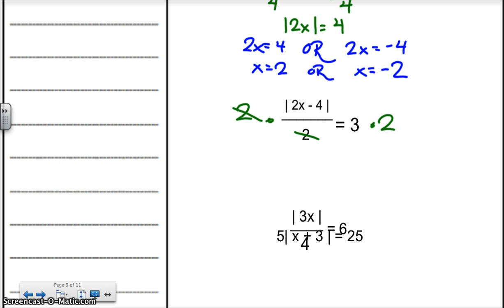Cancels that out. Now I'm left with just my absolute value. Absolute value of 2x minus 4 is 6. My absolute value is all by itself, so I can create my cases. You create a positive case, and you create a negative case.